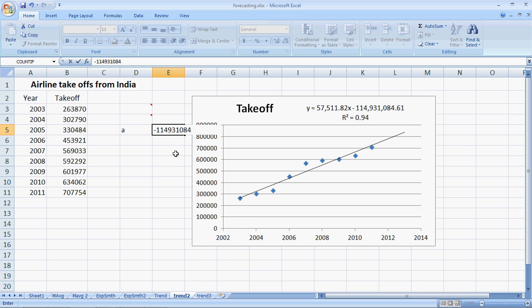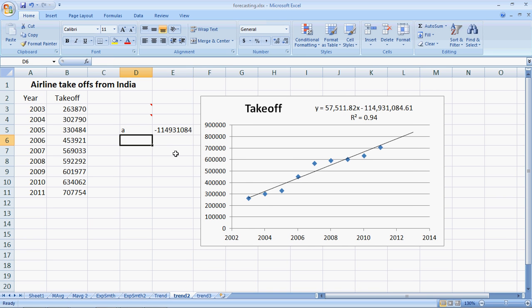I'll ignore the decimals. And the b, the slope, would be 57,511. We'll ignore the decimals again. So that makes it 512 rather if I round it up.